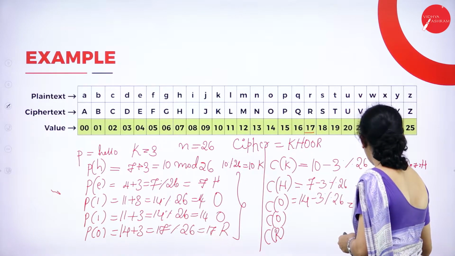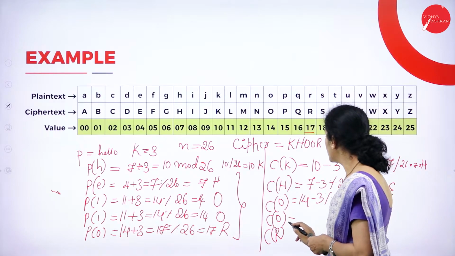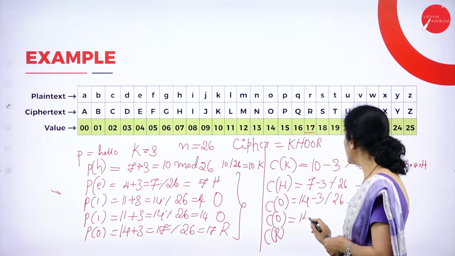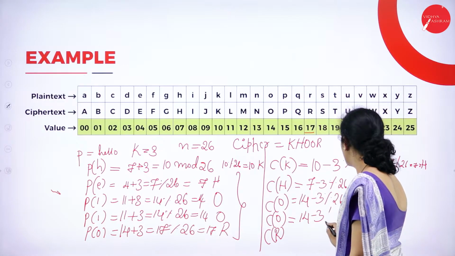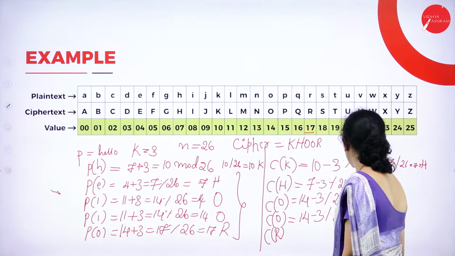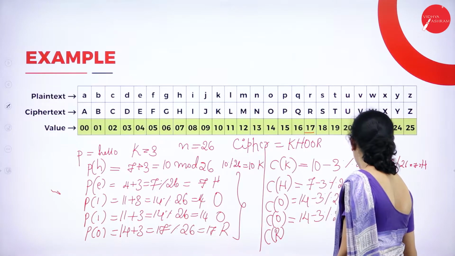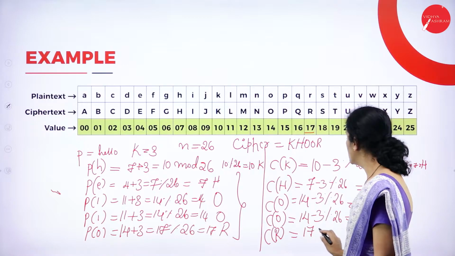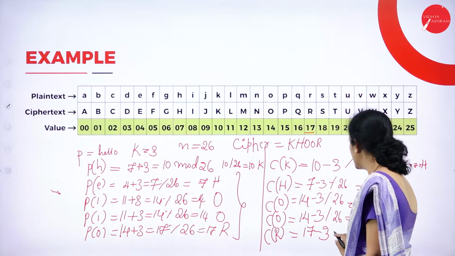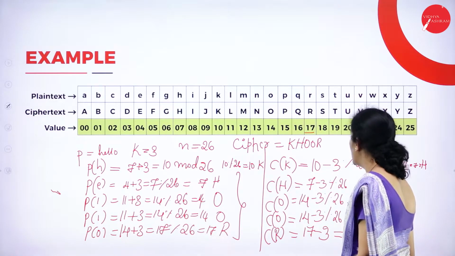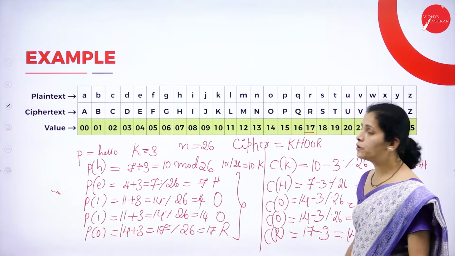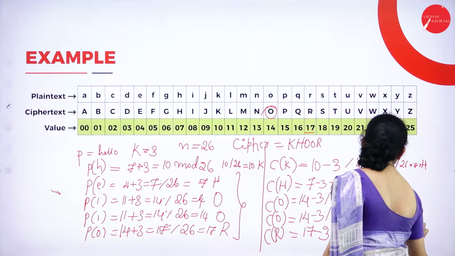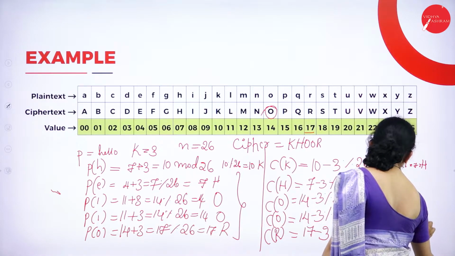It is L. Now, if I consider another occurrence of O, once again 14 minus 3 mod 26 equal to 11 and L. And if I consider R, it is 17 minus 3 equal to 14. And what is present at the location 14? It is O. So I am going to get the plain text hello.